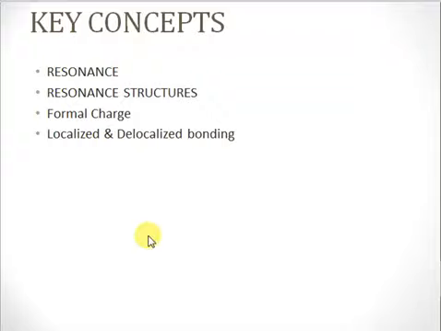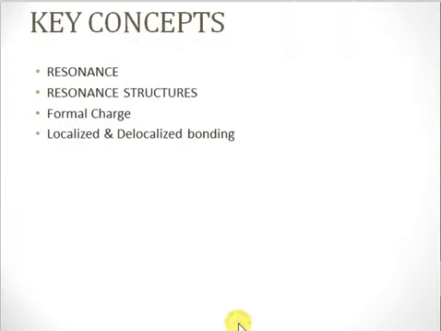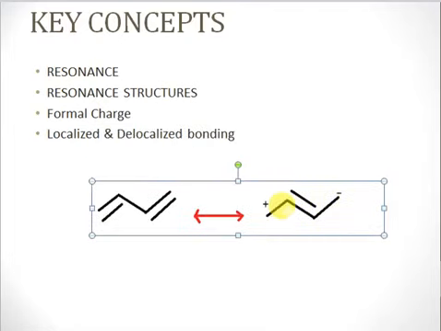Let's take a simple example to see what we mean by resonance, or by a conjugated system. The system we are considering here is butadiene. It has 4 carbons, so it's a butane system, and since there are 2 double bonds, it's a diene.